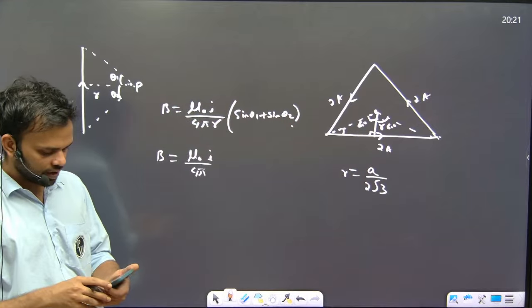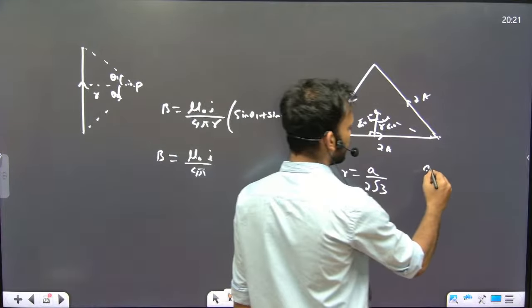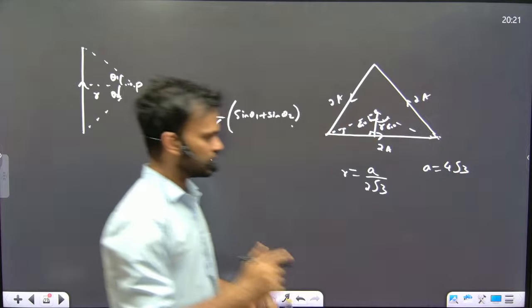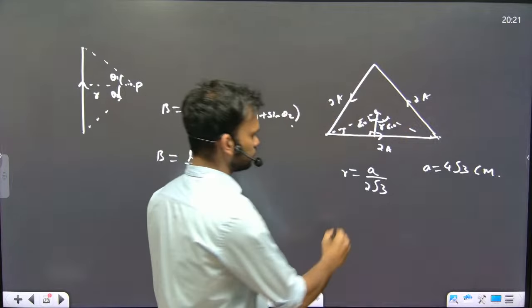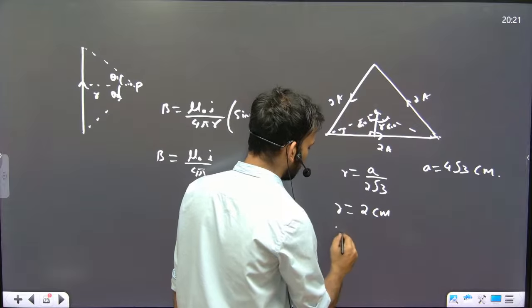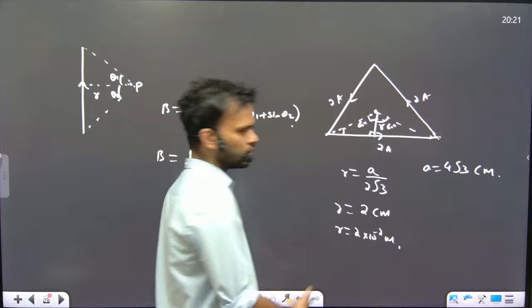Now in the question, the side length is given as 4 root 3 centimeters. So that's important. What is r equal to? 4 root 3 by 2 root 3 becomes 2 centimeters. R is 2 into 10 power minus 2 meters. So we got the r.